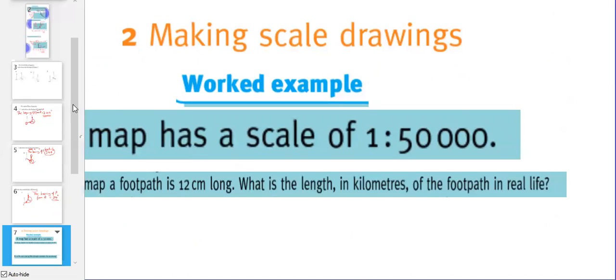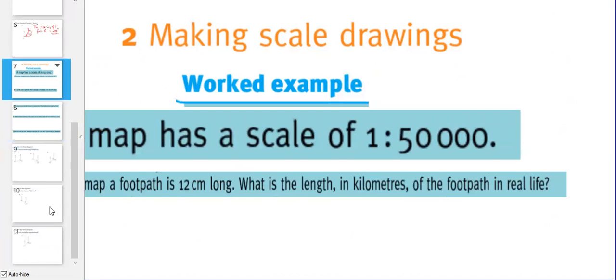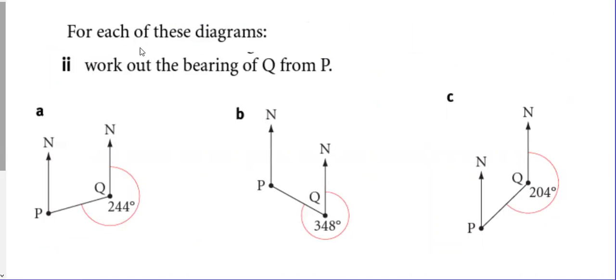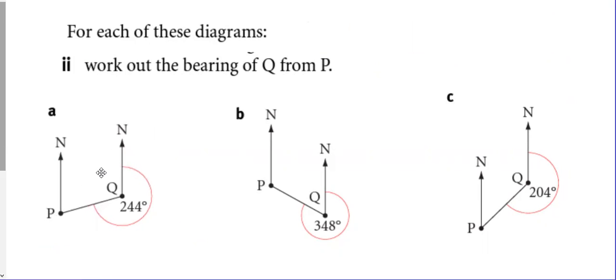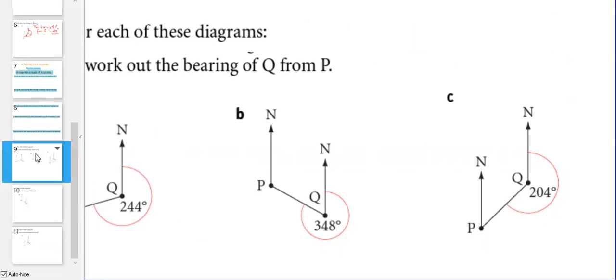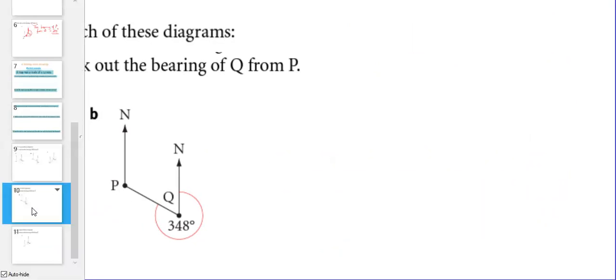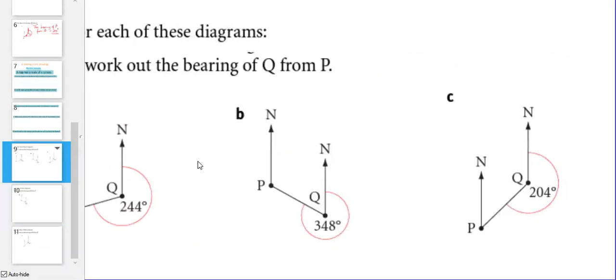Now let us go to another question, which is this one here. There we go. Roman 2. For each of these diagrams, work out the bearing of Q from P. To make it look nice, what we're going to do is separate each diagram on its corresponding page.